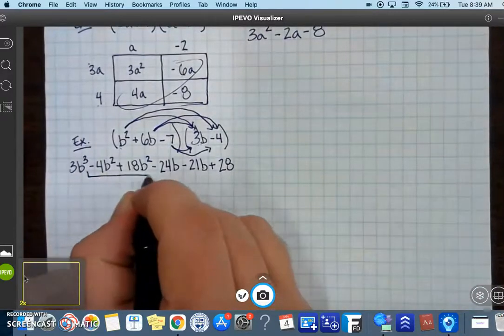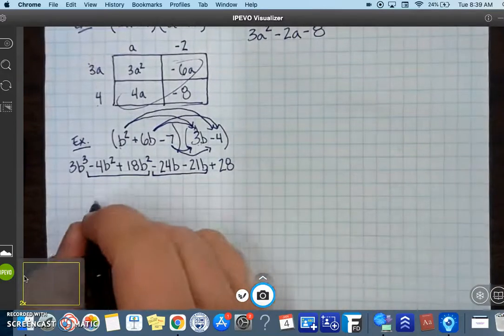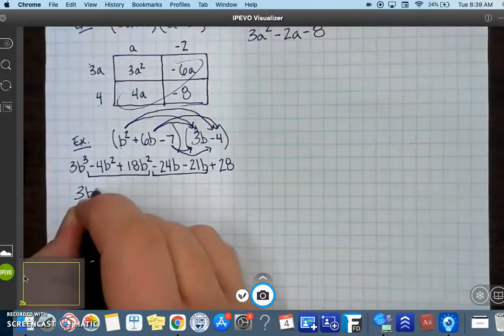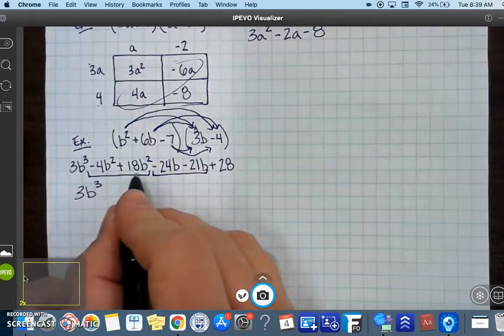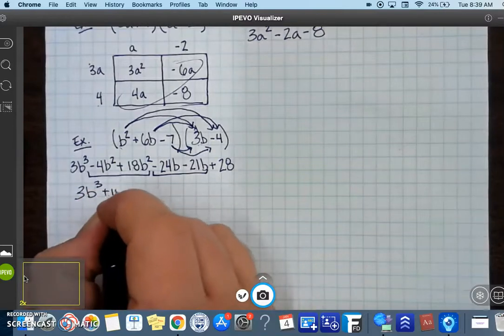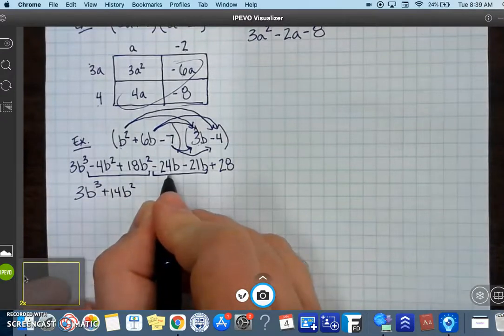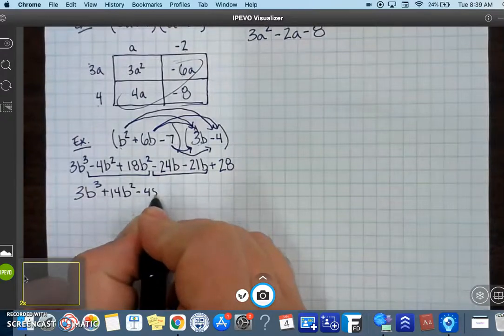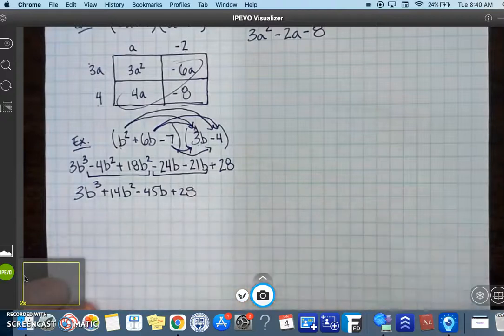I have b squareds, b's, so I get 3b cubed, negative 4b squared plus 18b squared is going to be 14b squared, negative 24b and negative 21b, that's minus 45b plus 28. And that would be my answer.